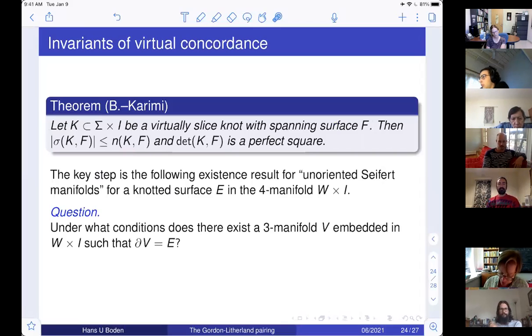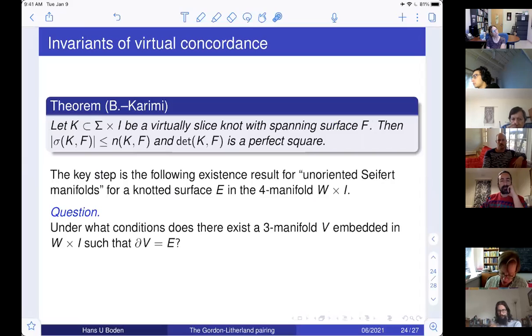And this result took us a while to sort out. A key step was proving the existence of what you might call spanning manifolds or unoriented Seifert manifolds for knotted surfaces in four-manifolds. We're really working with four-manifolds that come as thickened three-manifolds.